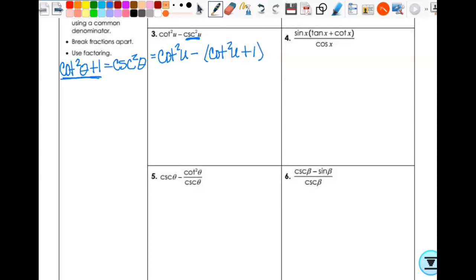Everybody okay with where everything came from? That means I get cotangent squared u minus cotangent squared u minus 1. These two are going to zero out, so I just end up with negative 1. Okay. What questions do you have?